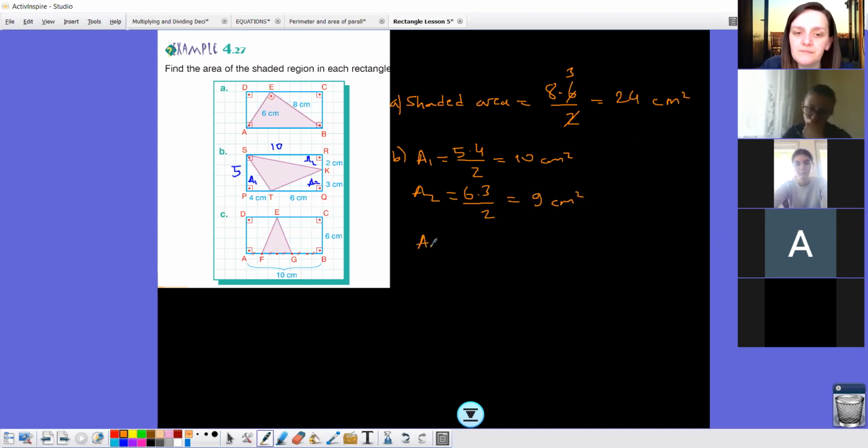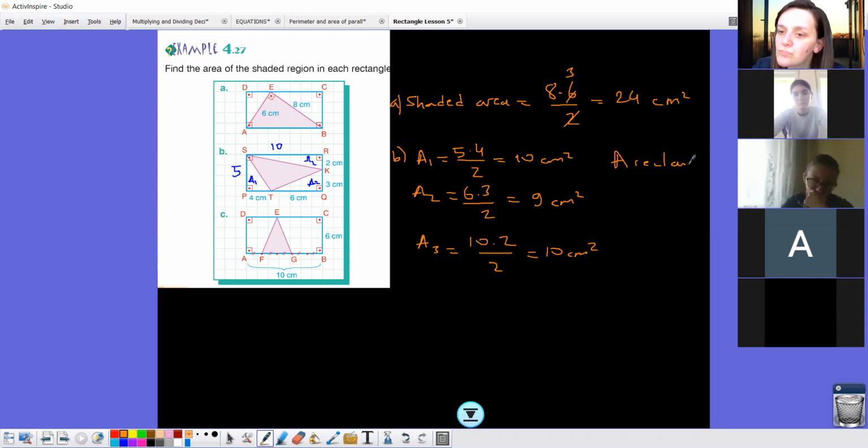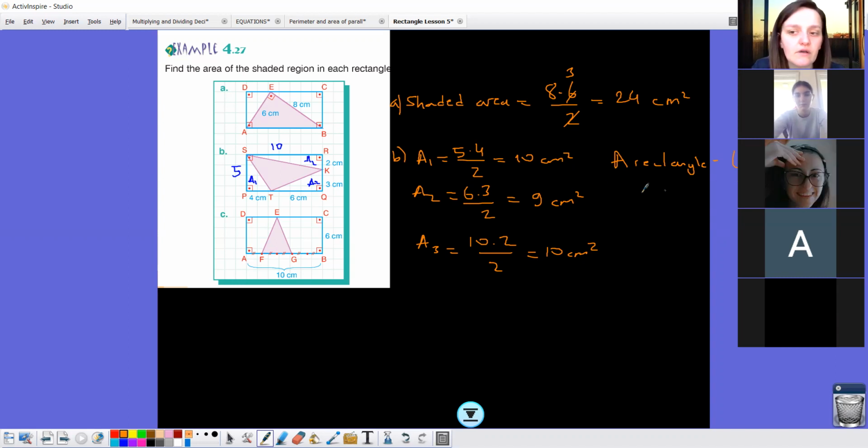And A3 will be 10 times 2 over 2, which is 10 centimeters squared. So the non-shaded parts are these parts. To find the shaded part, the area of the rectangle minus A1 plus A2 plus A3 will give you the shaded area, okay?